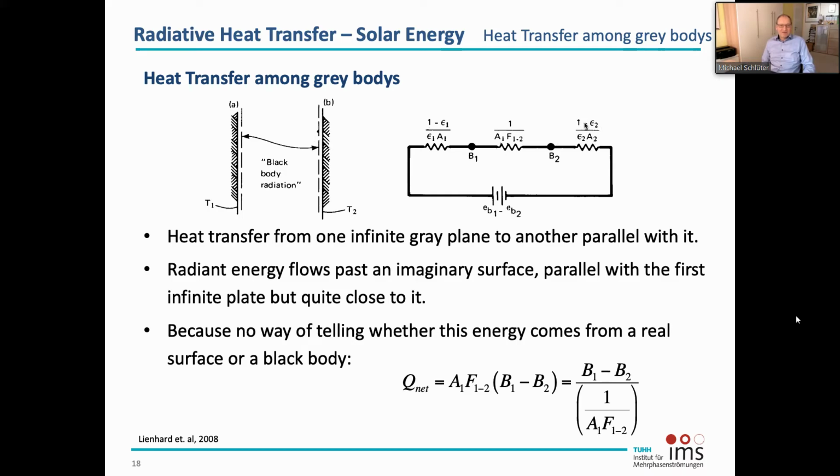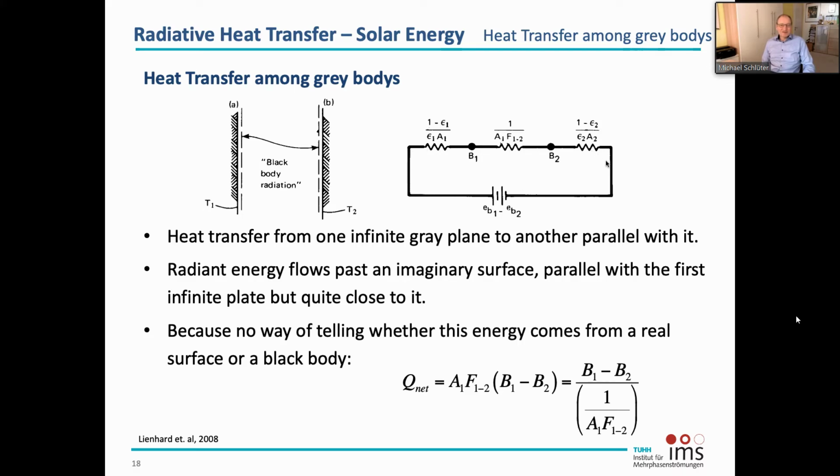So here we have epsilon 2, and on the right-hand side we have the black body once again. And the black body's emission gives us the potential for our current. The current is the radiation that goes through here, driven by this potential. And then we have this resistance.